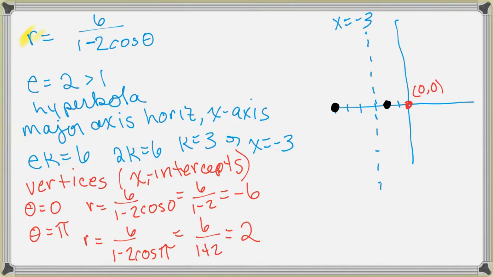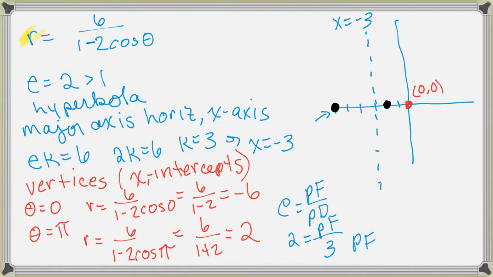Notice, even if we didn't know what the focus was, we can figure that out, because E is the ratio of a point to the focus over a point to the directrix. So if we know that E is 2, and we just pick a point, it doesn't matter which one, I want to pick that one. He is 1, 2, 3, 3 away from the directrix.